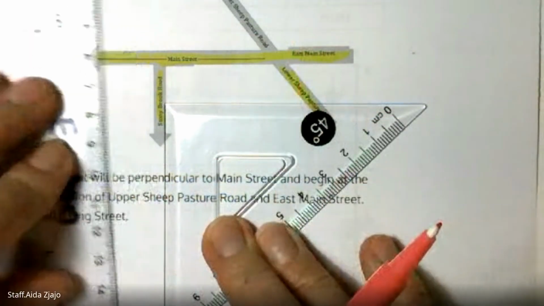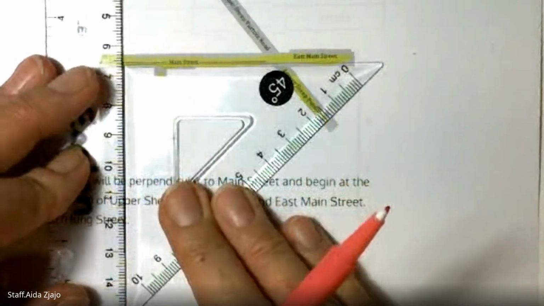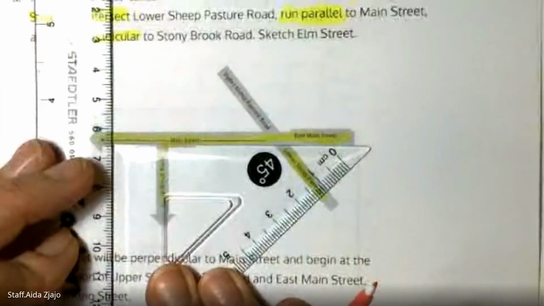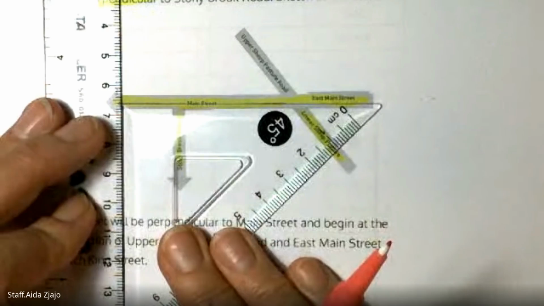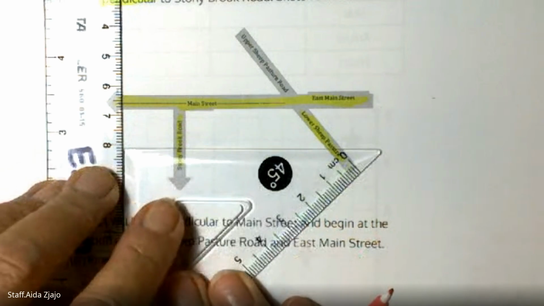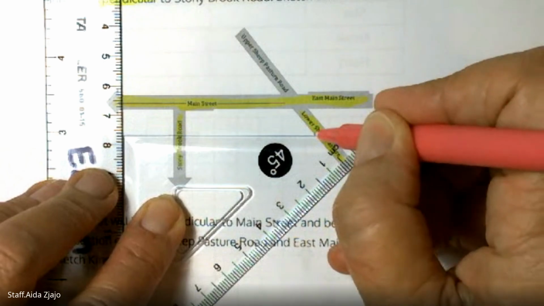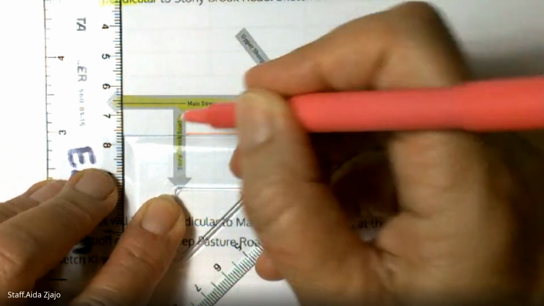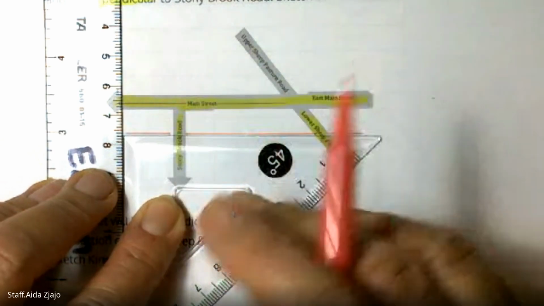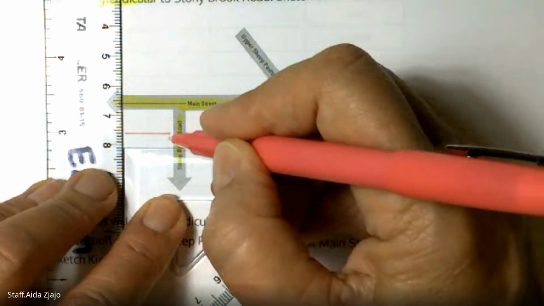So right now I am at a right angle, so it makes sense if I draw a parallel line that is intersecting Lower Sheep, and it's going to be perpendicular to the Stony Brook Road.